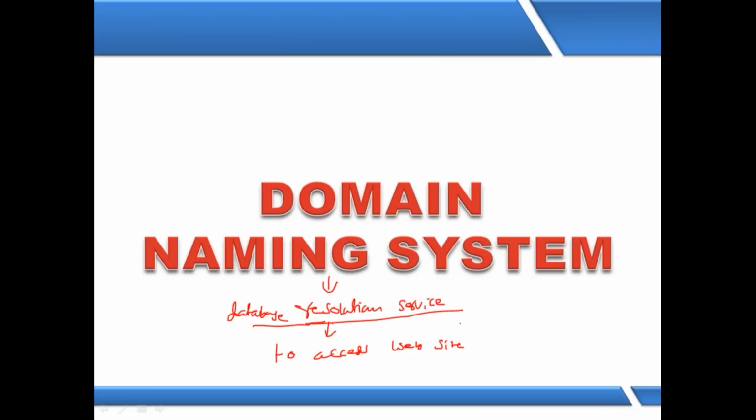Now, suppose you have saved somebody's phone number with some name. Now you are calling that person by name. Will the call get connected to that person by the name which you have saved, or will the call get connected with the SIM number of that person?